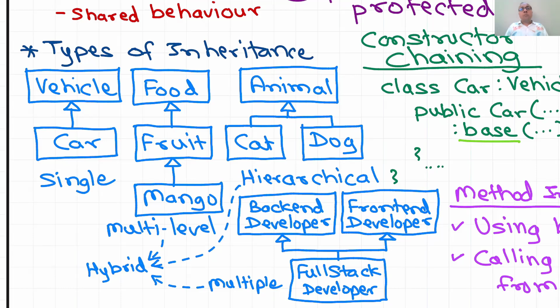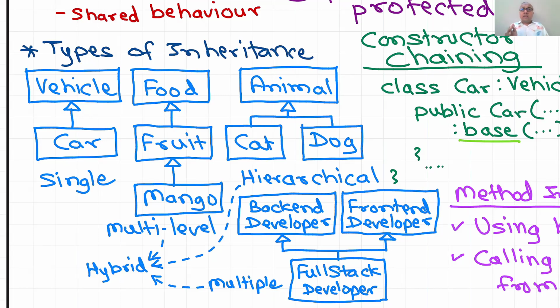But a very important note over here, like Java, C# also doesn't support multiple class inheritance. Multiple class inheritance is not supported in C#. Yes, C# can support something called multiple interface inheritance, and we will discuss it in more detail in our interfaces lecture.